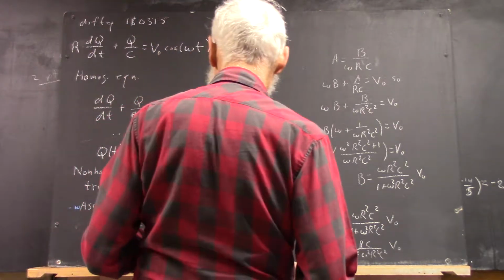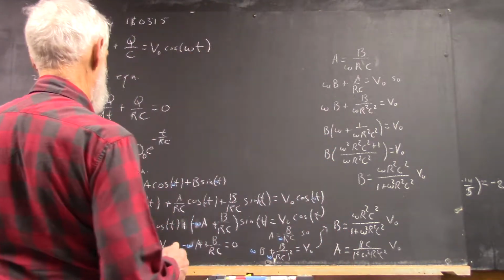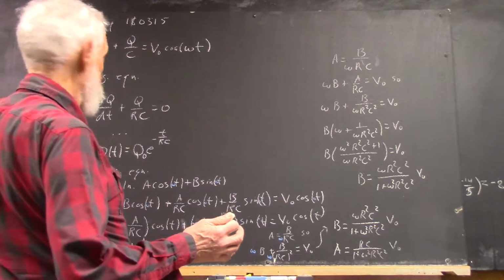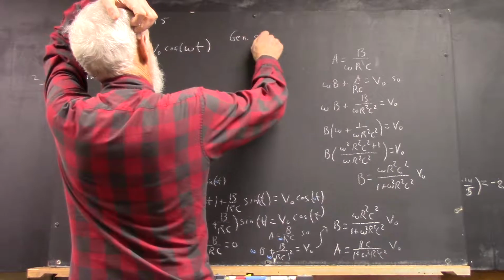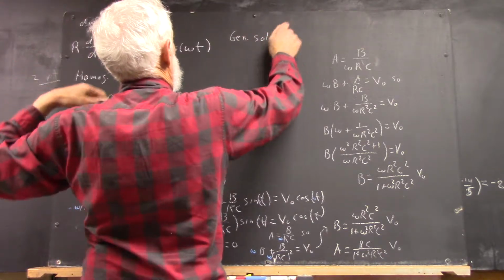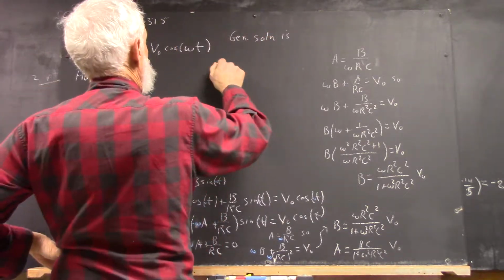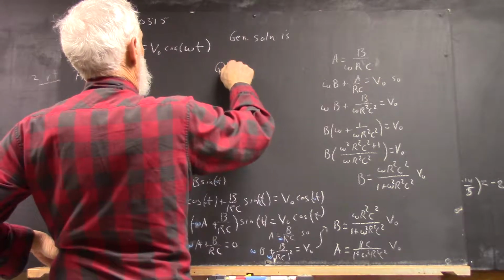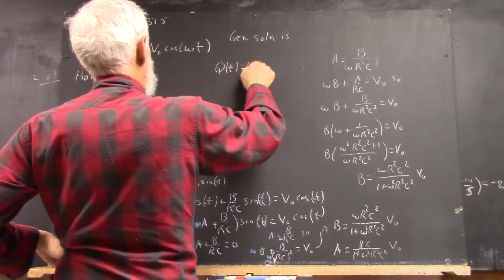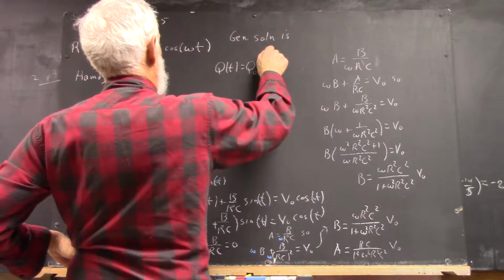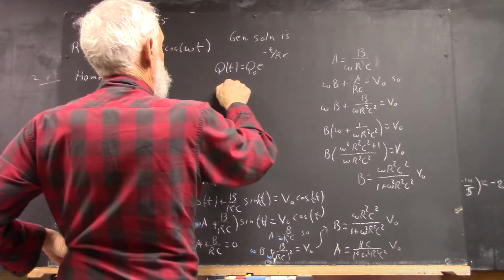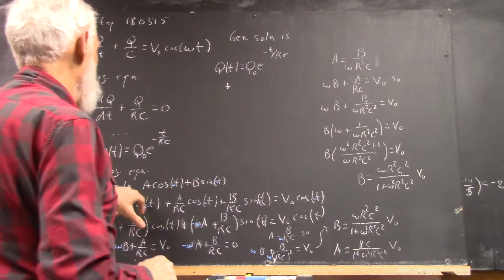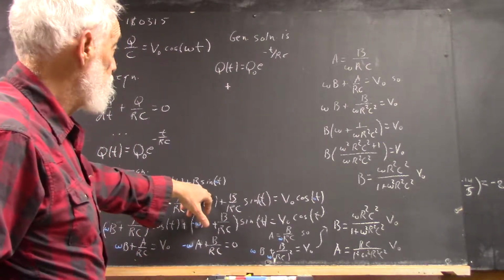So we conclude that our general solution is Q of t equals Q naught e to the negative t over RC plus your A cosine omega t plus B sine omega t.